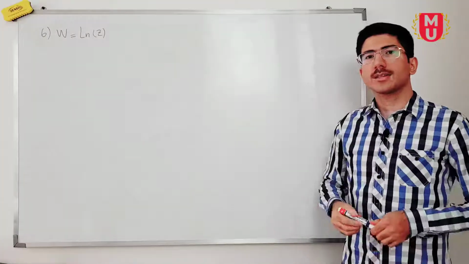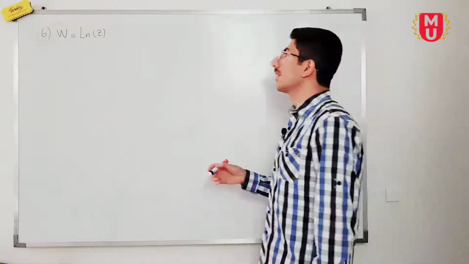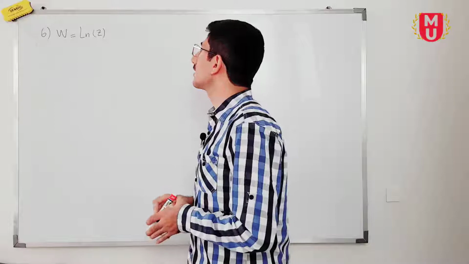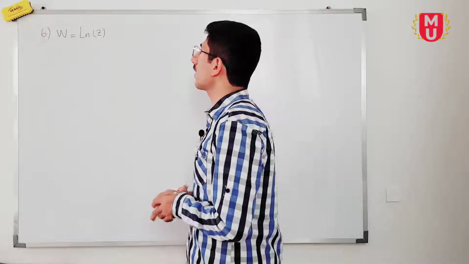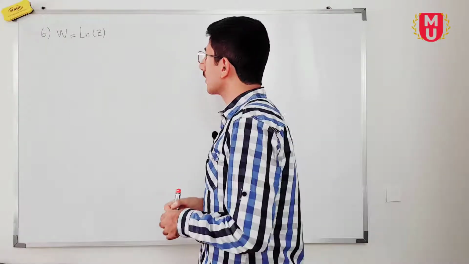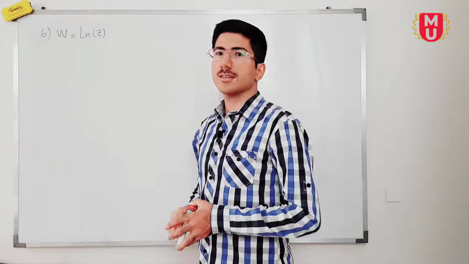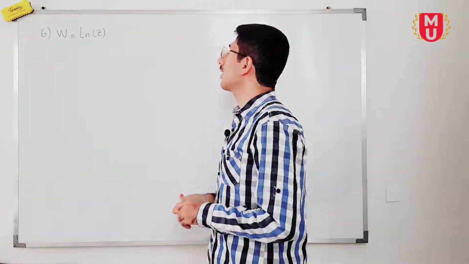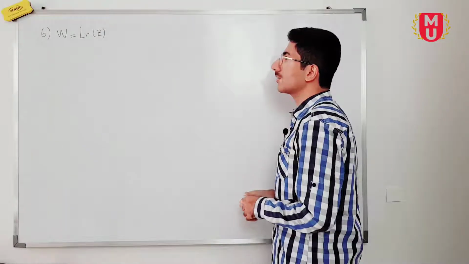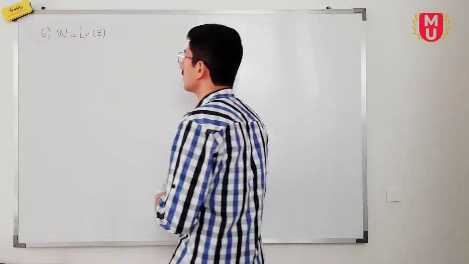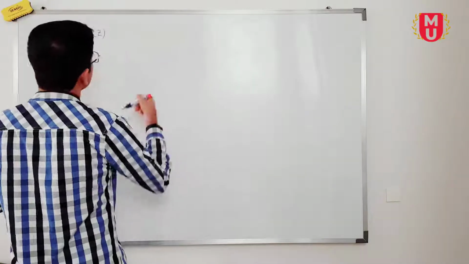The next mapping that I want to talk about is vice versa, the previous one. It's w equals natural logarithm of z, and we can call this a function as theta is limited to minus pi and pi, or 0 to 2 pi.